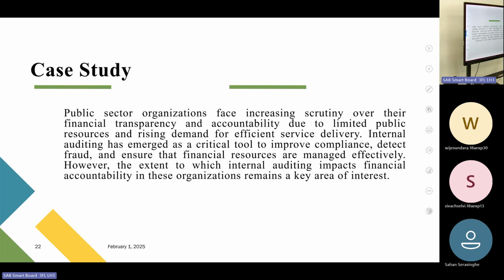From your group, anyone? How are public resources managed efficiently by auditors in public sector organizations? Okay, how the resources are managed by the organizations towards which one?